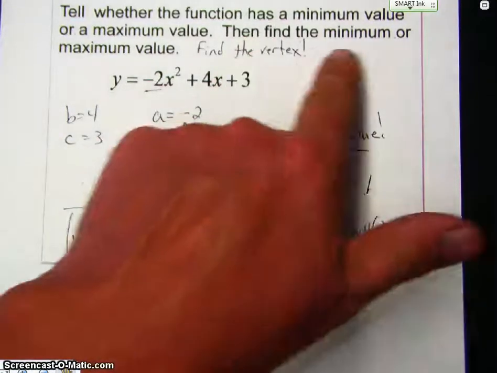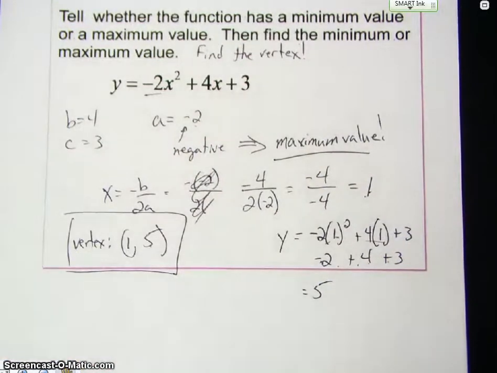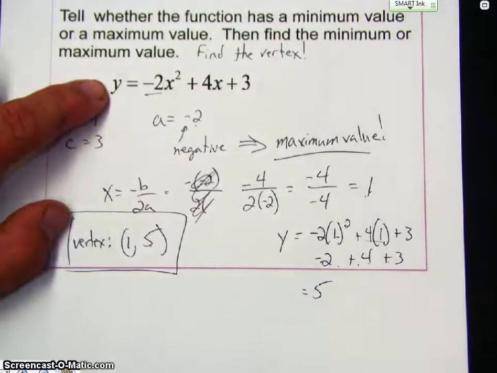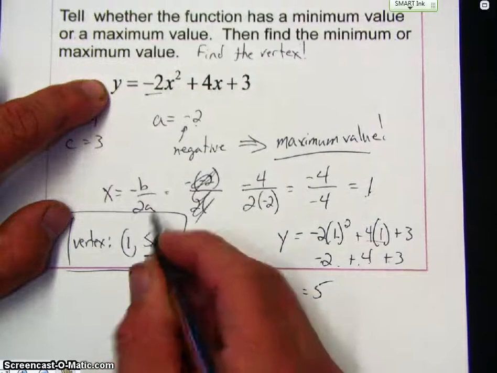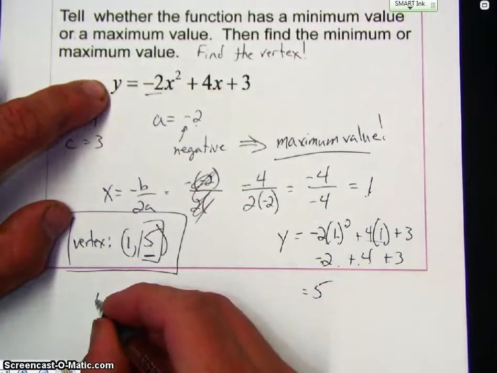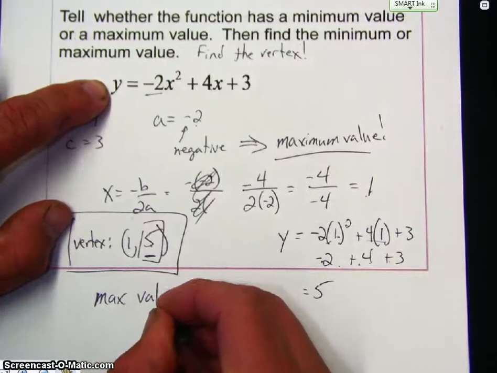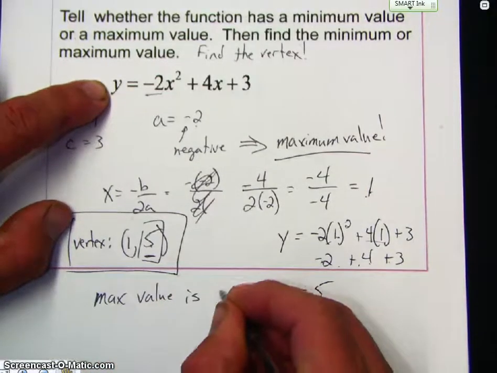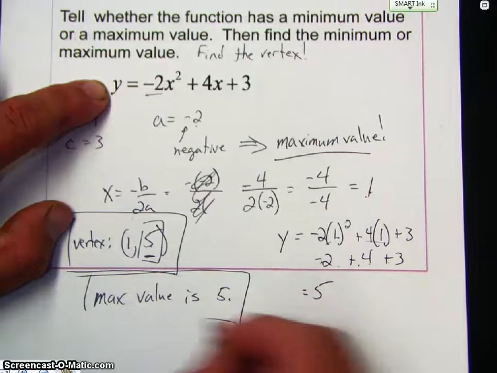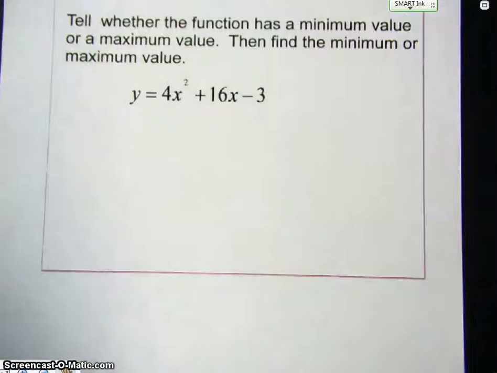So the maximum value of this quadratic is 5. All right. Let's look at another example.